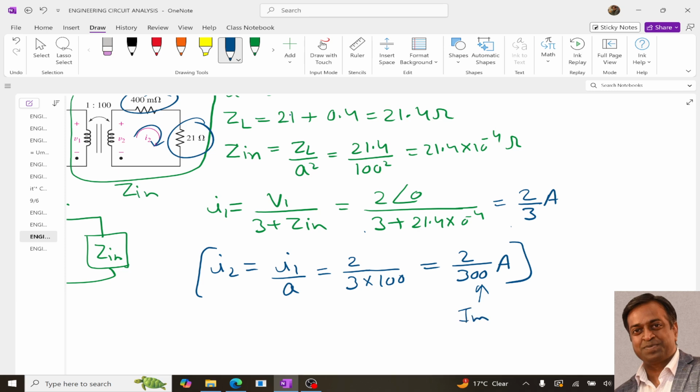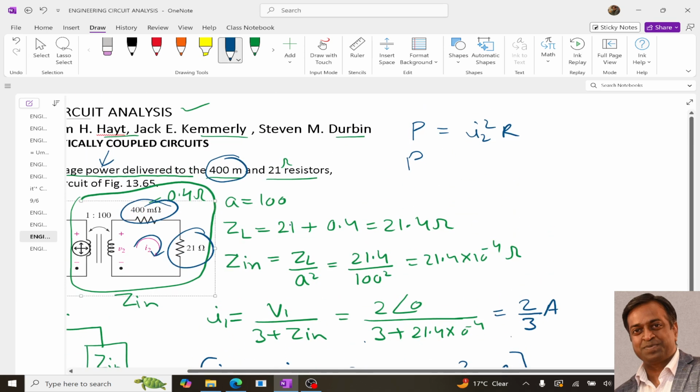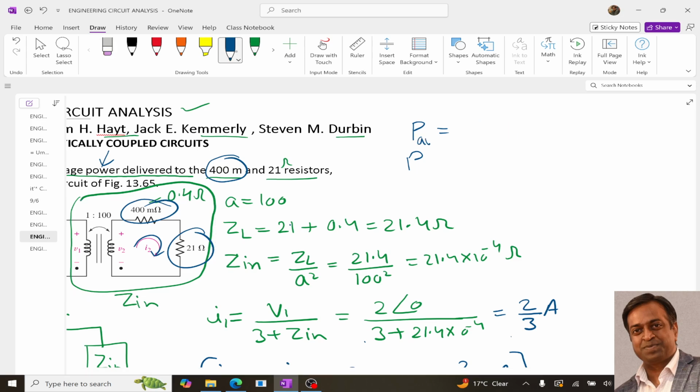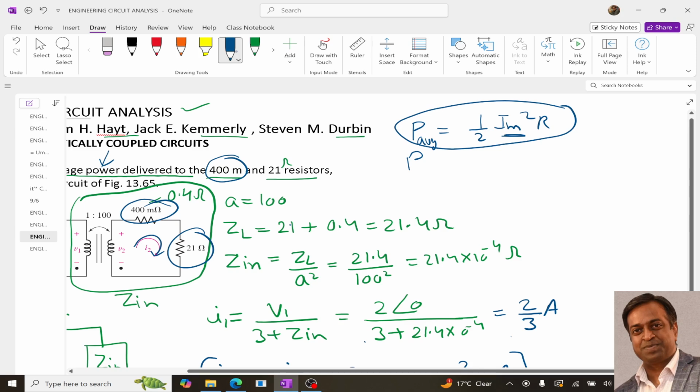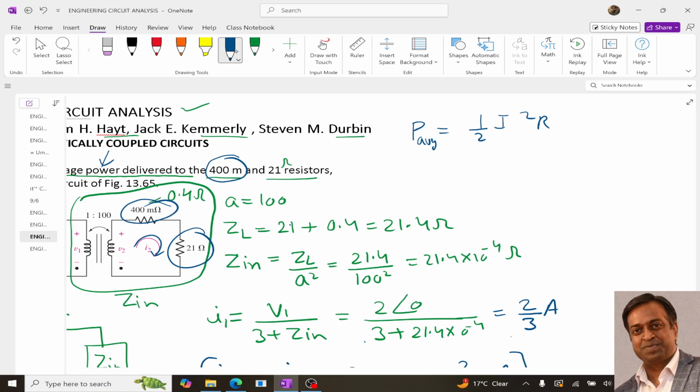So if we need to determine the power, we know the formula for the average power: it is given as half Im squared R. We need to follow this. Here Im squared is I2 squared, so our formula will be I2 squared into R upon 2.